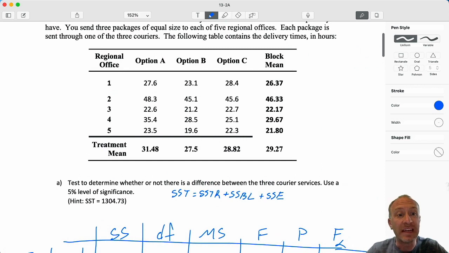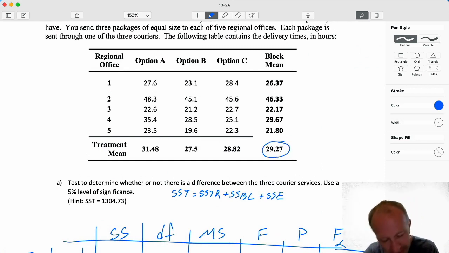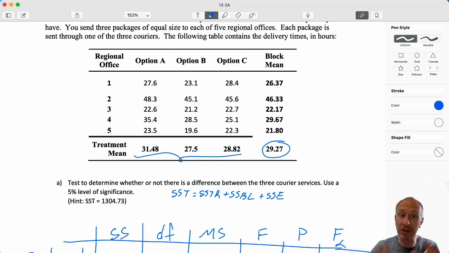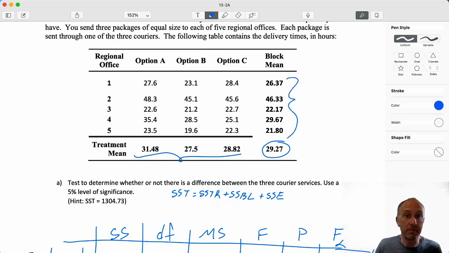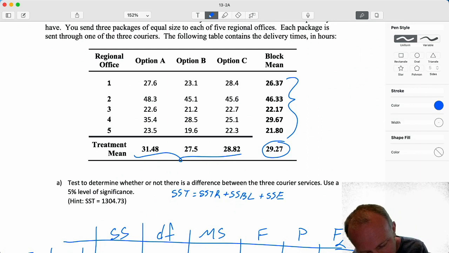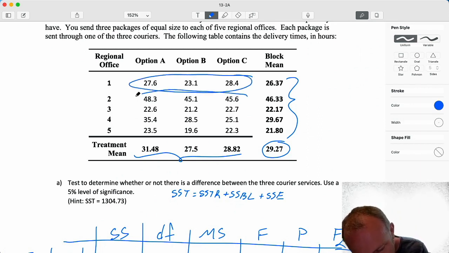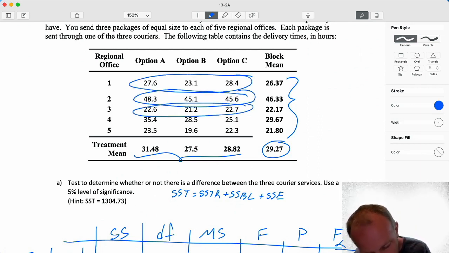Okay, so the underlying theory here is the same. We have a grand mean, and we have all of our treatment means, and we're going to calculate SSTR in exactly the same way as we've done in the previous ANOVAs. Here you can also see we have those block means. So these are the means across those blocks.